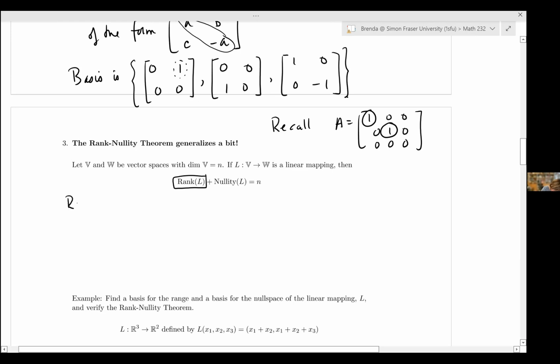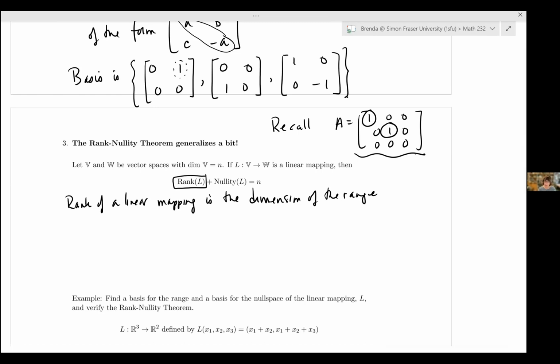So the rank of a linear mapping is the dimension of the range. You will recall when we've been talking about matrices that the outputs are linear combinations of the column vectors. If I multiply this by x1, x2, x3, I get x1 times 1 0 0 plus x2 times 0 1 0.